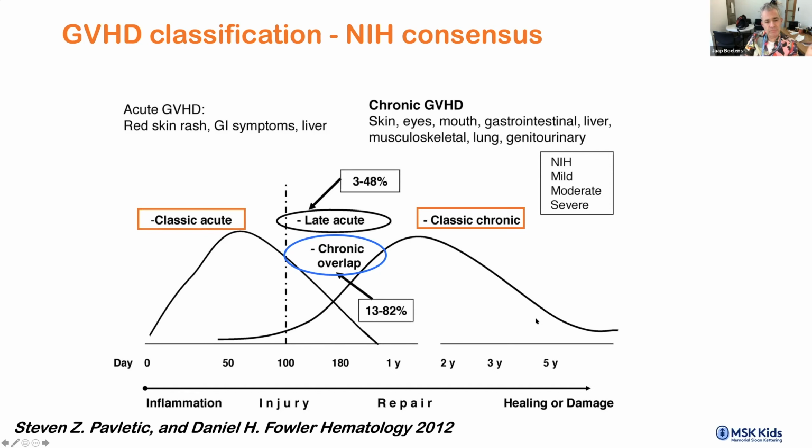The acute form classically mainly involves skin, GI symptoms, and liver. And the chronic form can actually affect all the organs, including eyes and mouth and lungs, etc.